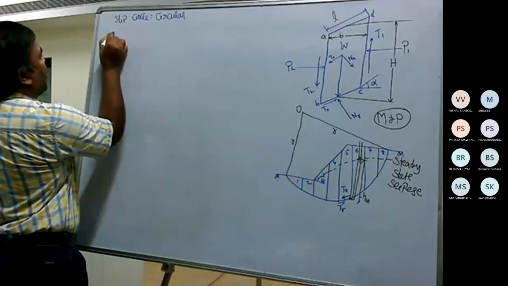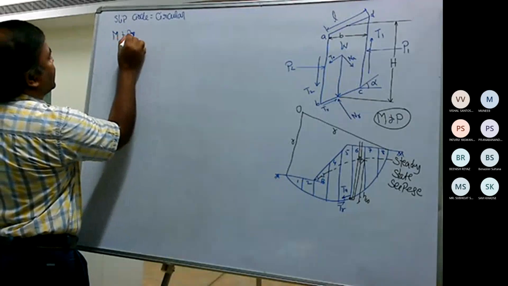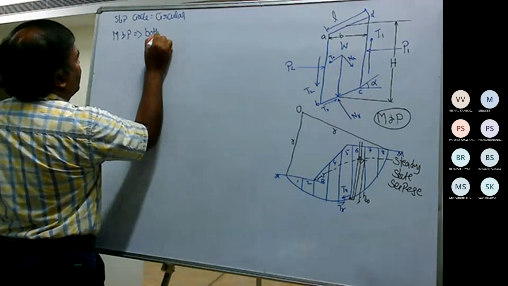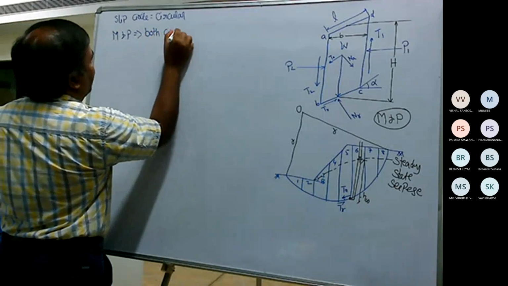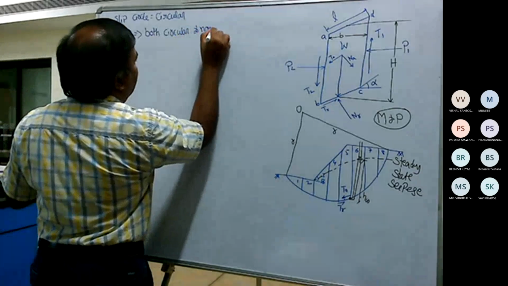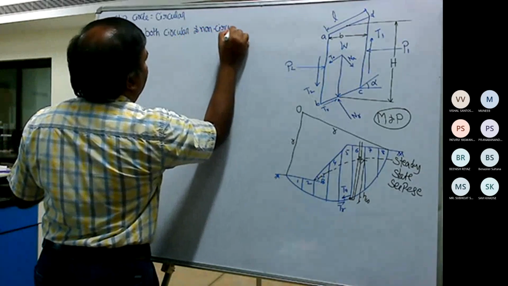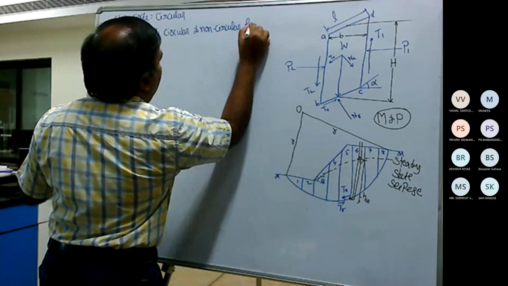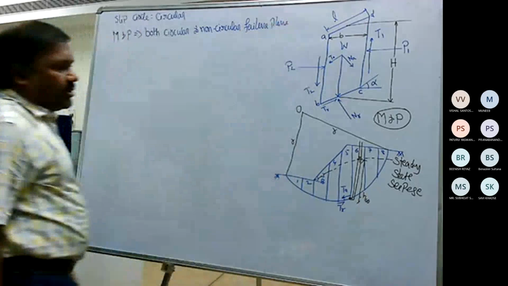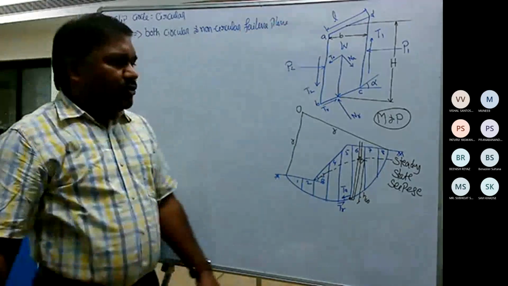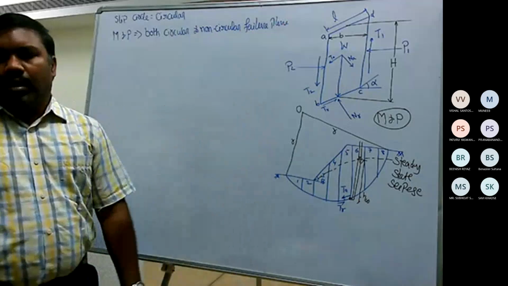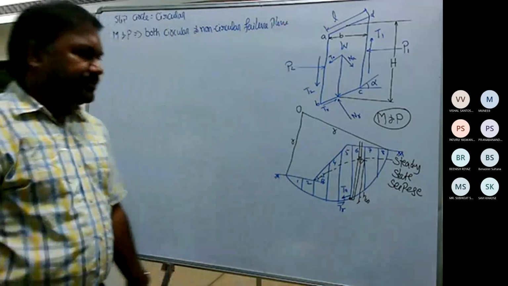As per Morgenstern and Price, it considers both circular and non-circular failure planes. You can do the analysis for both cases, whether the slip will be perfectly circular or maybe non-circular.